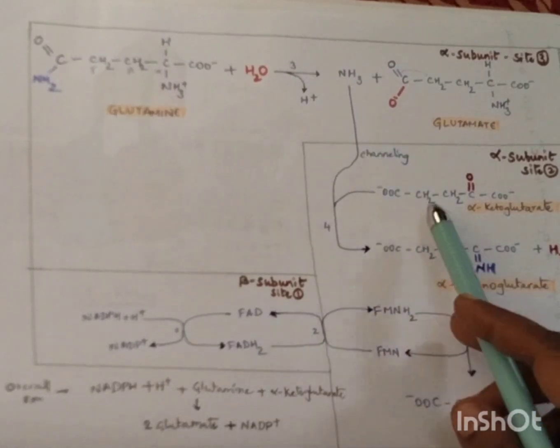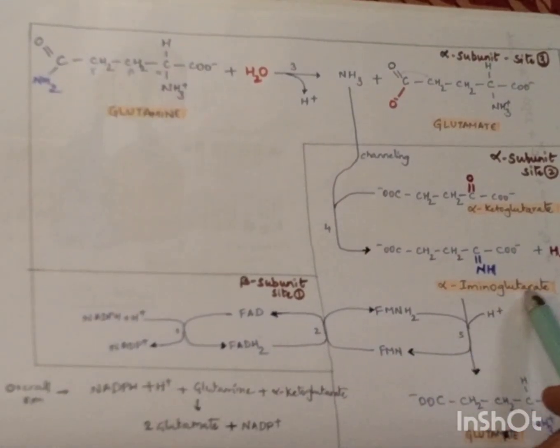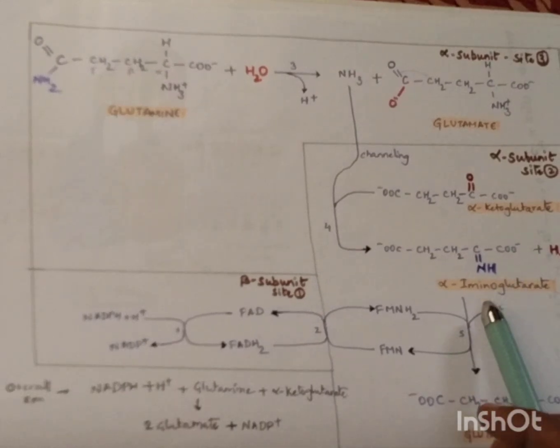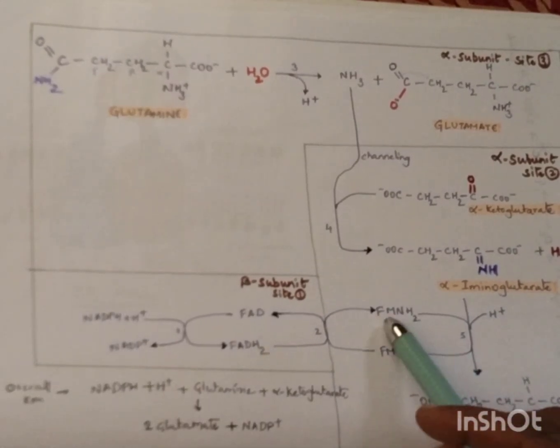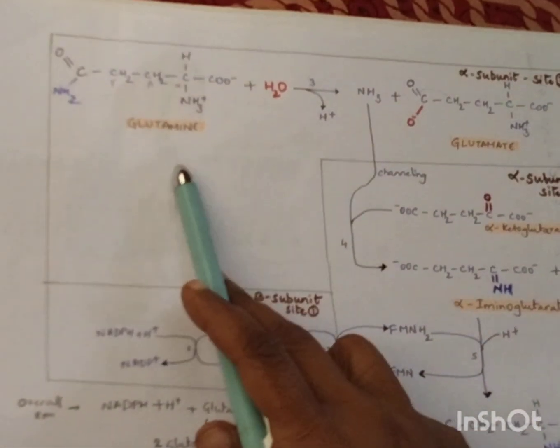Ammonia reacts with alpha ketoglutarate to yield alpha iminoglutarate. Alpha iminoglutarate is reduced by FMNH2 to glutamate. Glutamine is normally hydrolyzed via the nucleophilic attack of the cysteine 1 sulfhydryl group on the glutamine C-gamma atom to form a tetrahedral intermediate.